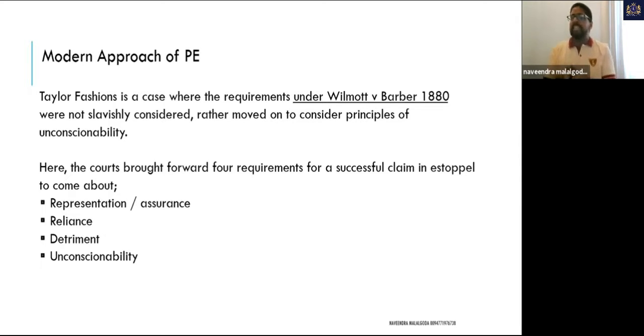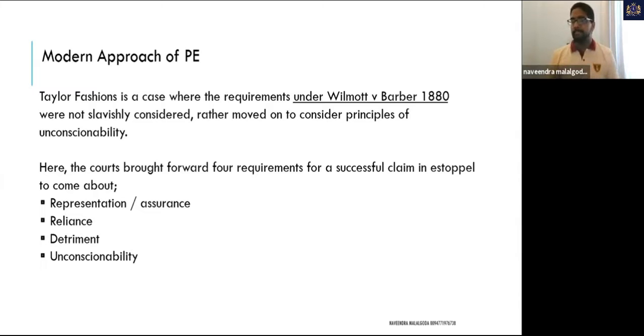So let's assume that Vicky gave me a representation as to the fact that she would transfer the title of a certain property to me. Now, we've known each other for quite some time. We were good friends, and that assurance meant something to me.